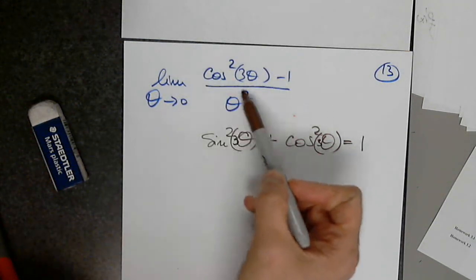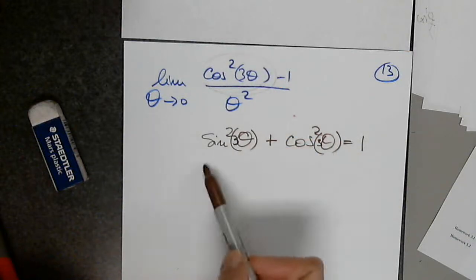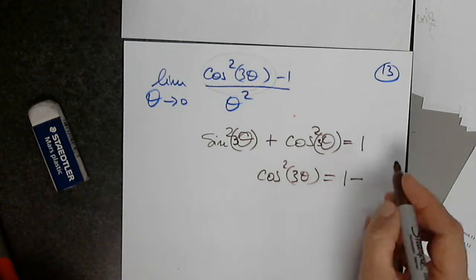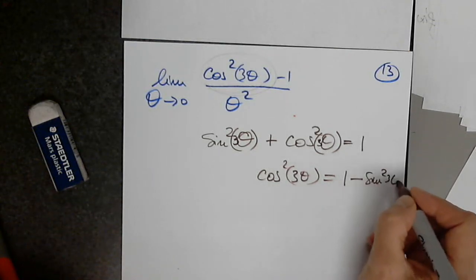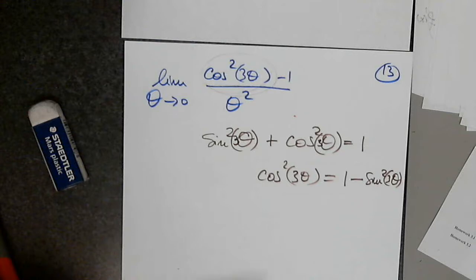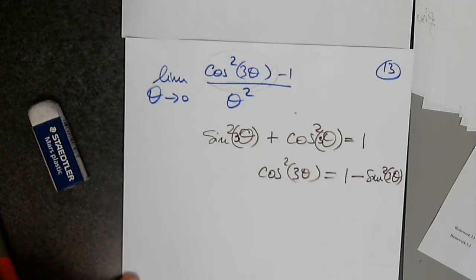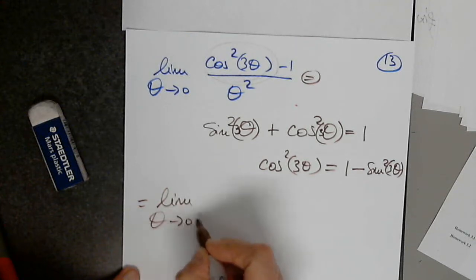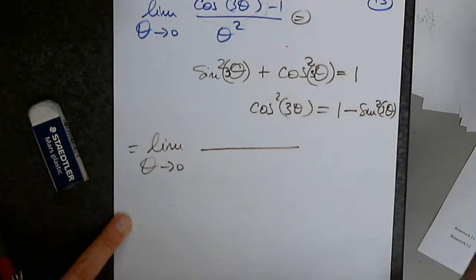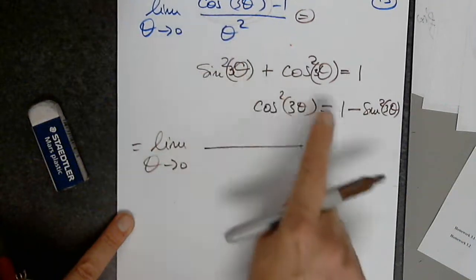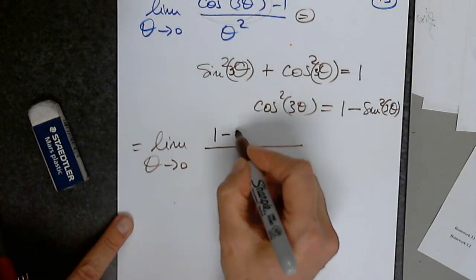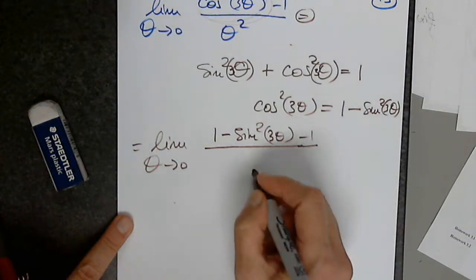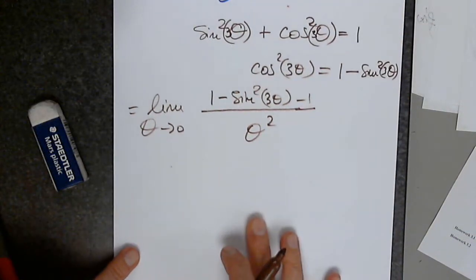So I'm going to solve this equation. Then I have cosine squared 3 theta equals 1 minus sine squared 3 theta. So this is limit as theta approaches 0. Instead of cosine squared, I'll put 1 minus sine squared 3 theta, minus 1, divided by theta squared.